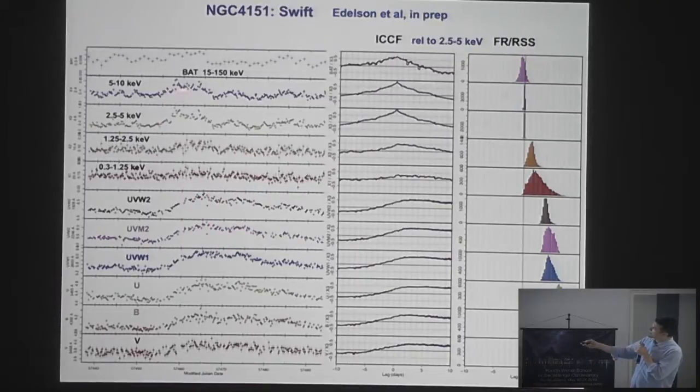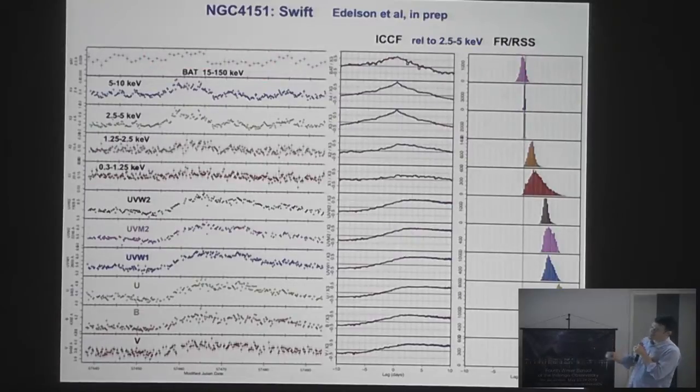If you look at the X-rays and essentially go from the 2 to 5 keV ones, you see the peak, and so everything is going to be measured from this peak, and so you see the lag with itself is 0, and the lag with this is maybe slightly negative.